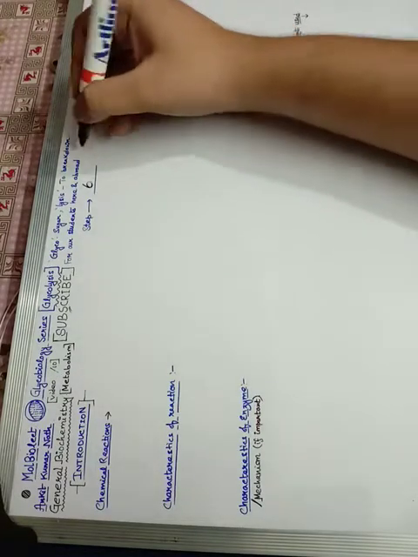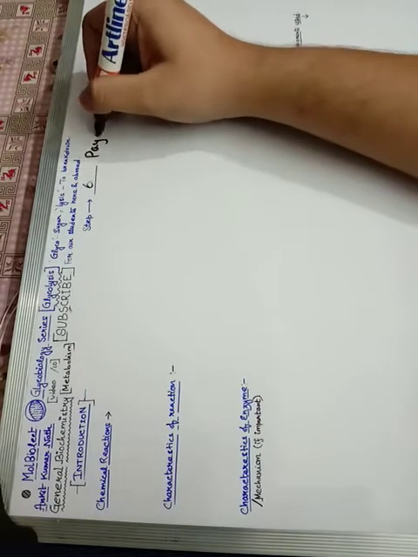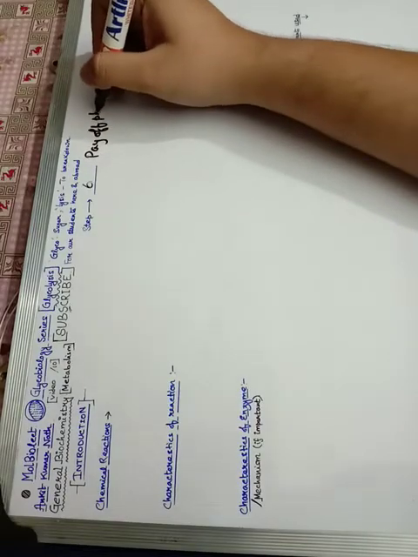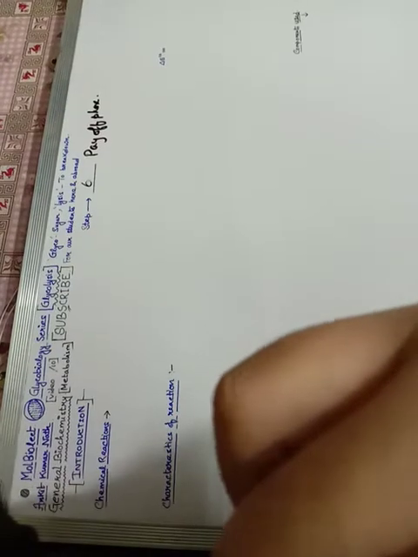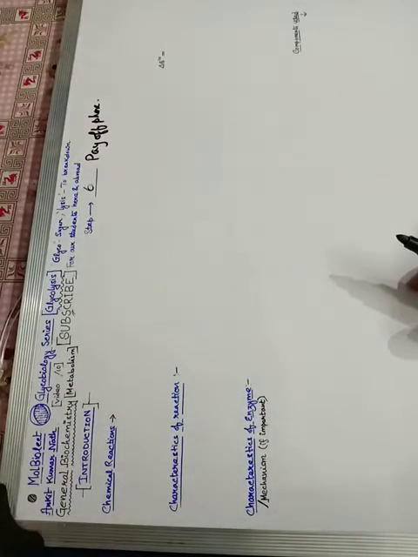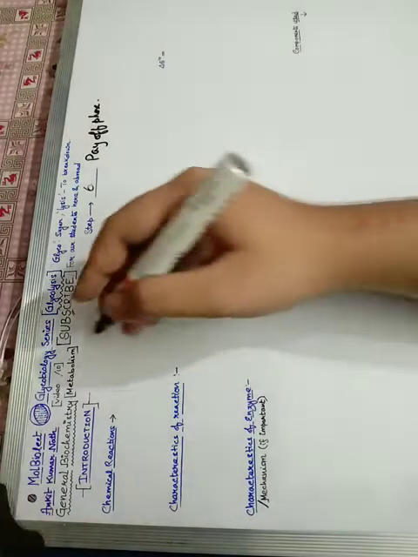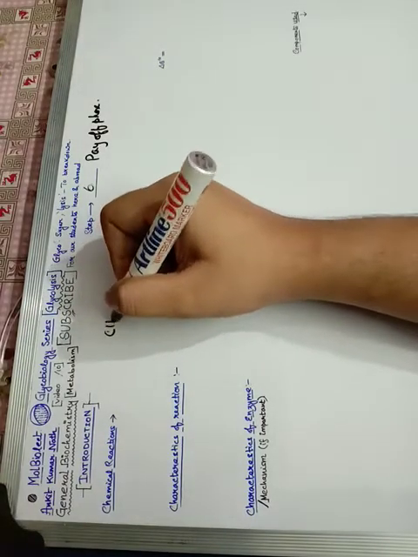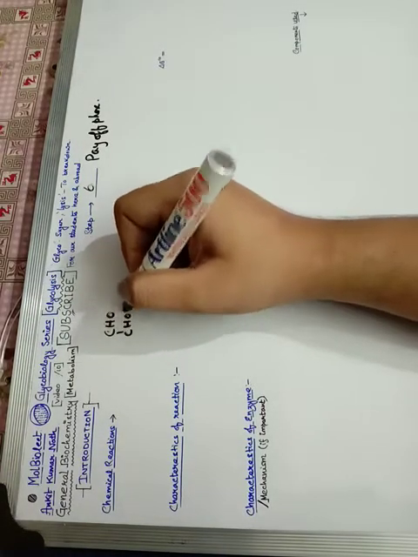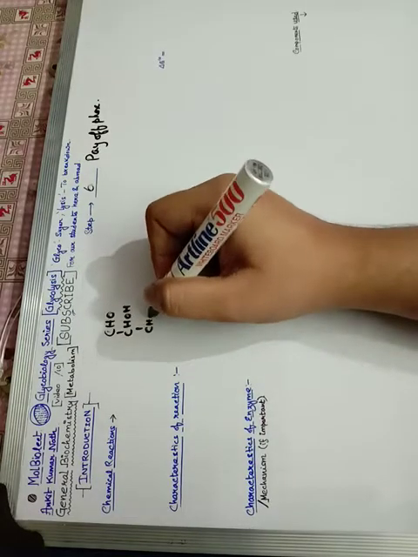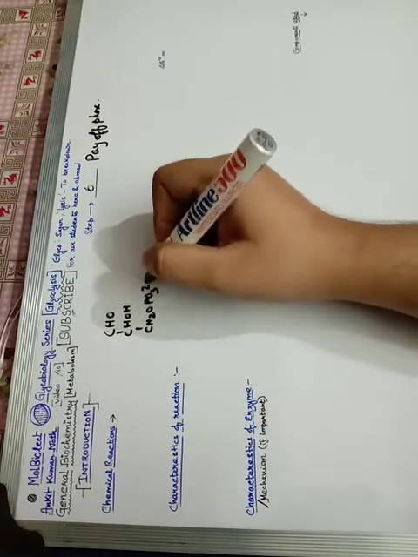So step 6 is on. Step 6 marks the starting of the payoff phase. So what happens over here is that we have the glyceraldehyde 3-phosphate. I am drawing the structure.